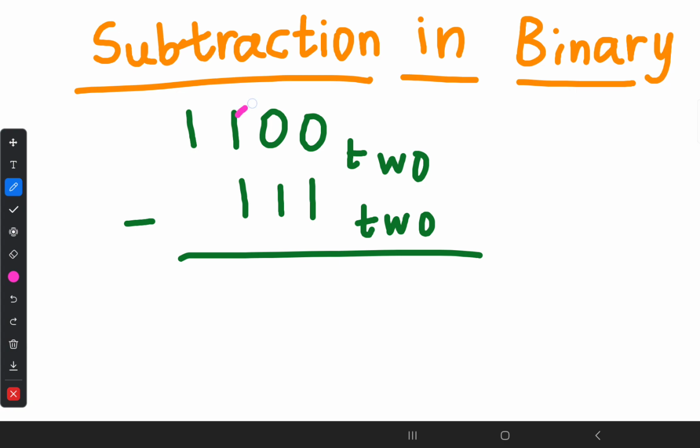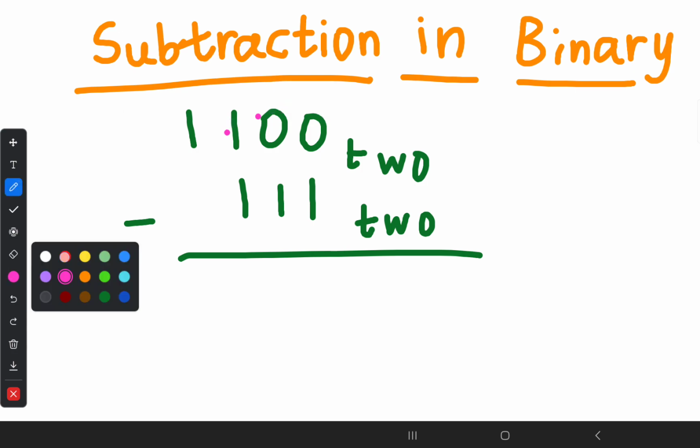When you lend, this 1 will become 0 and the next 0 will become 10. Then look at this: from this 10, when you lend 1 again, the 10 will become 1. I'll explain again. This is a little confusing, so try to understand this.